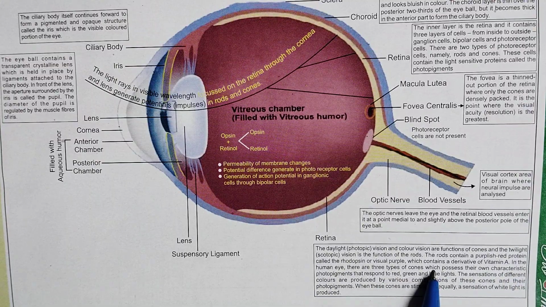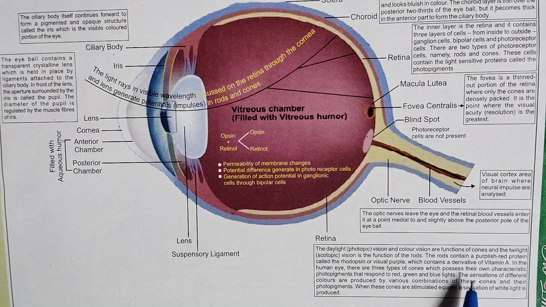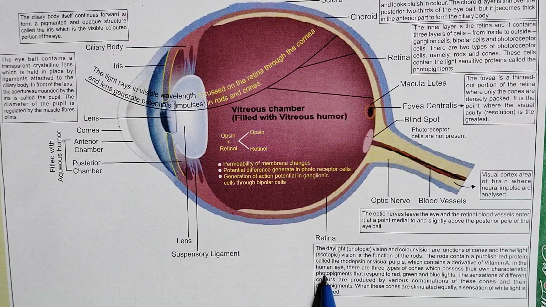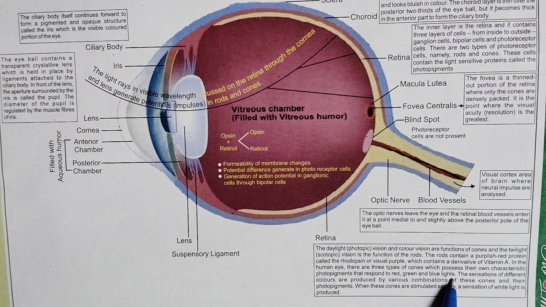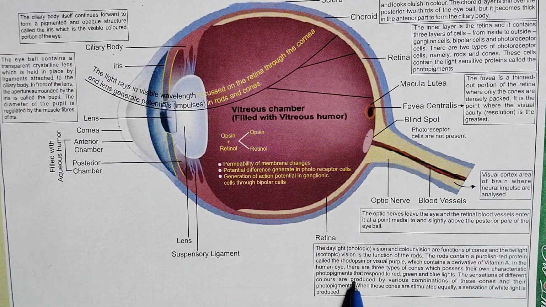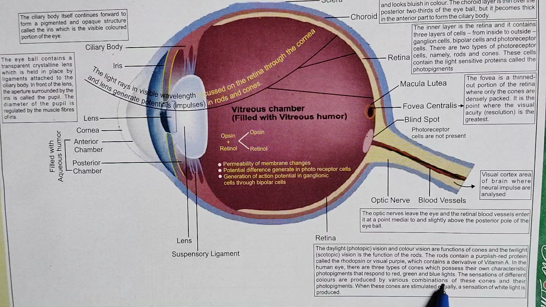There are three types of cones which possess their own characteristic photopigments that respond to red, green and blue light. From red, green and blue light, many colors are generated. The sensation of different colors is produced by various combinations of these cones and their photopigments.